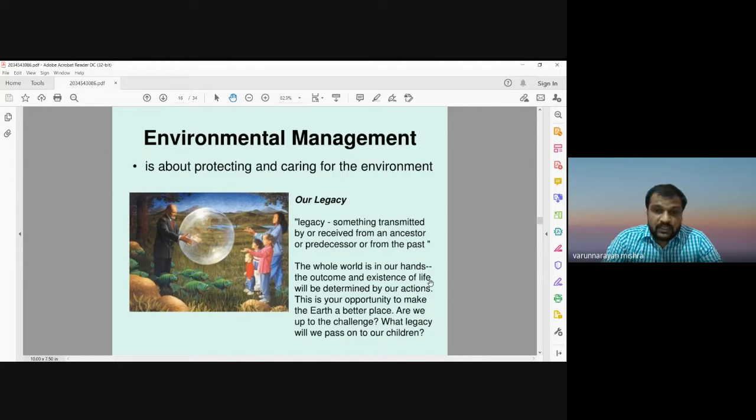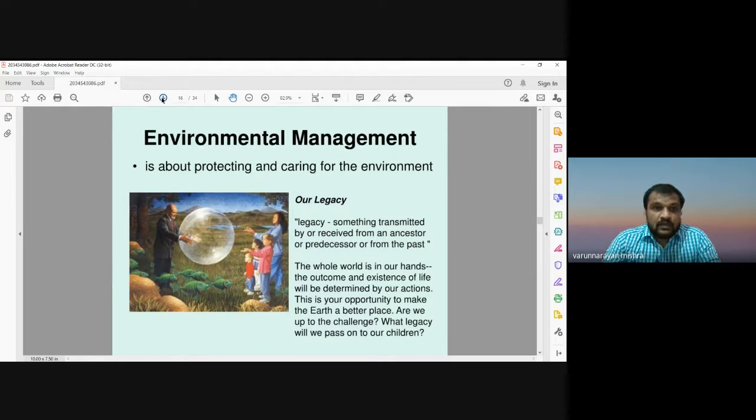The whole world is in our hands, and the outcome and existence of life will be determined by our actions. So this is your opportunity to make the earth a better place. Are we up to the challenge, and what legacy will be passed on to our future generations, or our children in the near future?